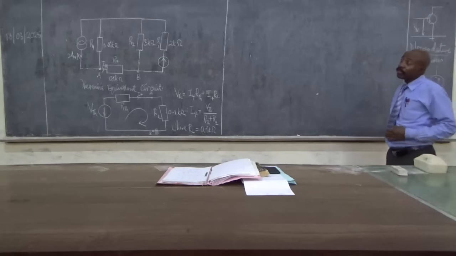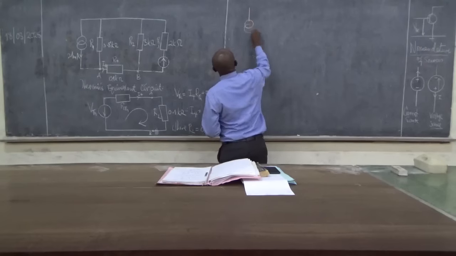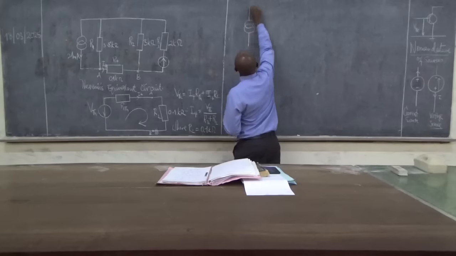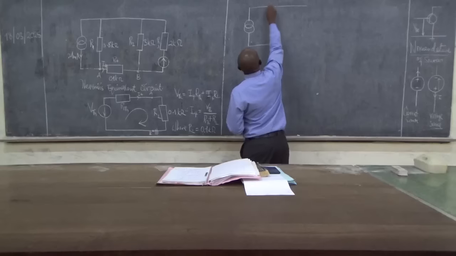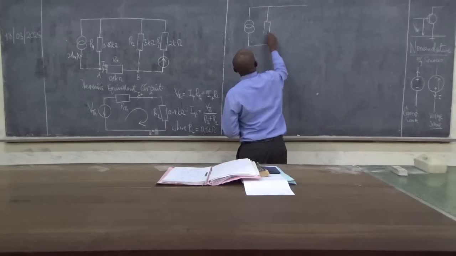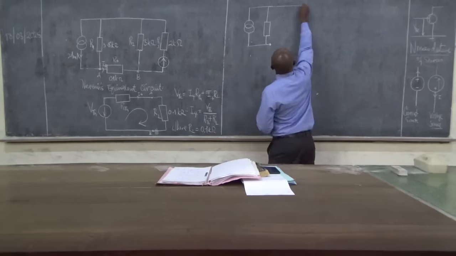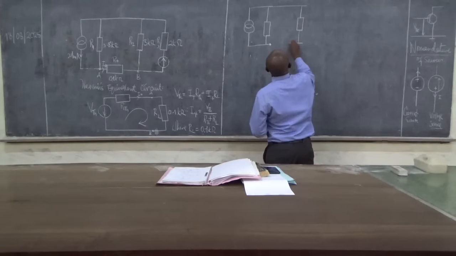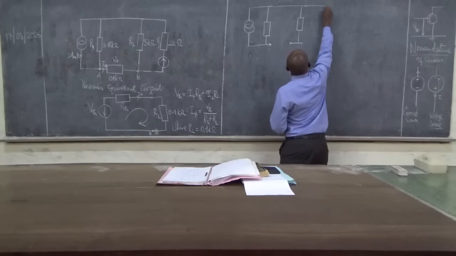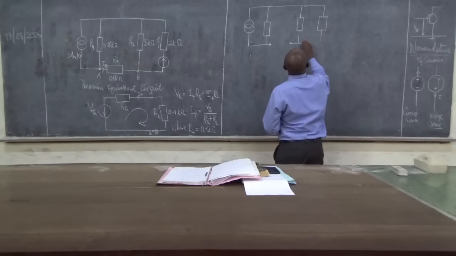So we have opened up the circuit. We have the current source, we got the 0.8, we have opened that, we have the R2, we open this place, and then we have R3, then with source.